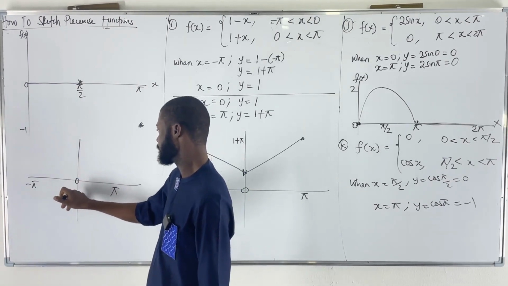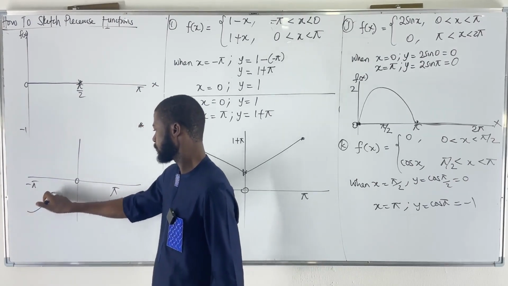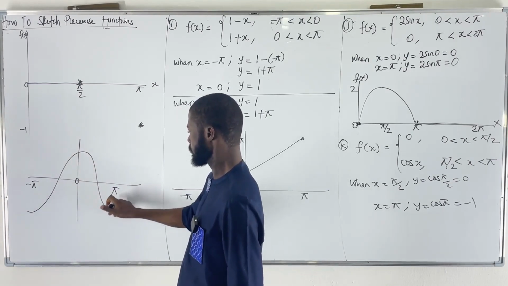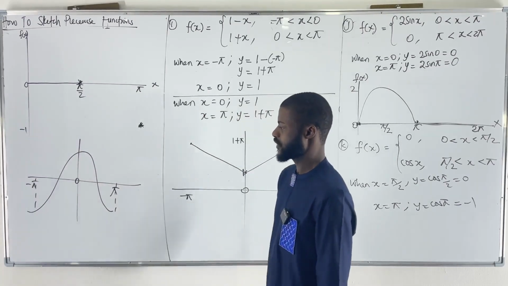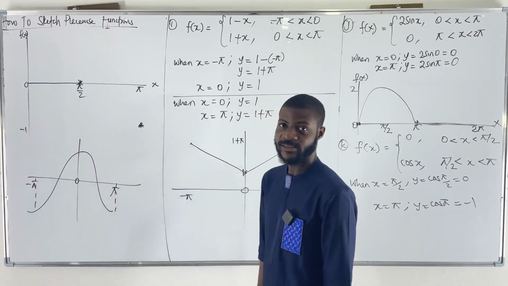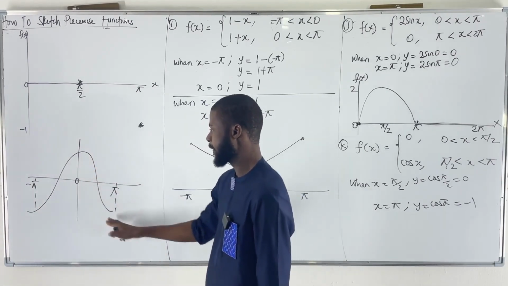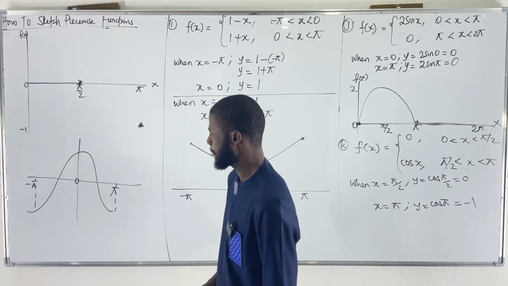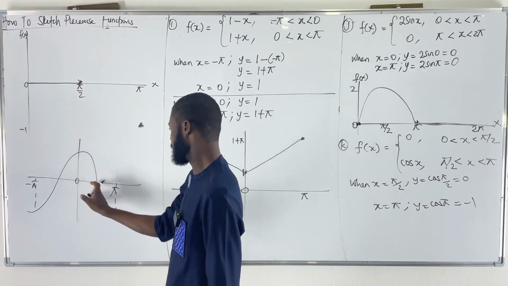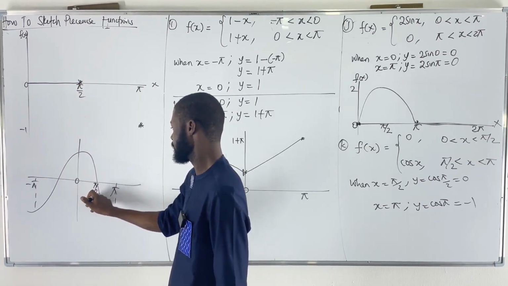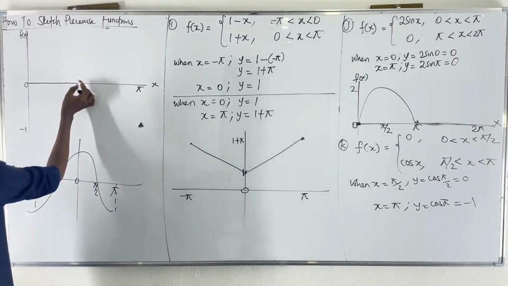This is 0. So you see how it's looking? This guy you see here was just supposed to be something like, this is your pi over 2. So it's going to be like a curve.